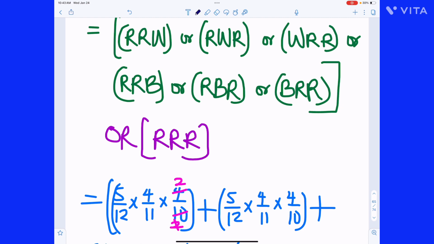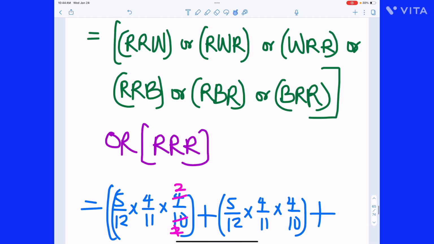Because since there's no replacement, after the first pick, you will have 11 balls left. I hope you can see we are treating this case now. The probability that the second one is also a red will be 4/11, because the red will decrease by 1 from 5 to 4, and the total number of balls will reduce by 1 from 12 to 11.